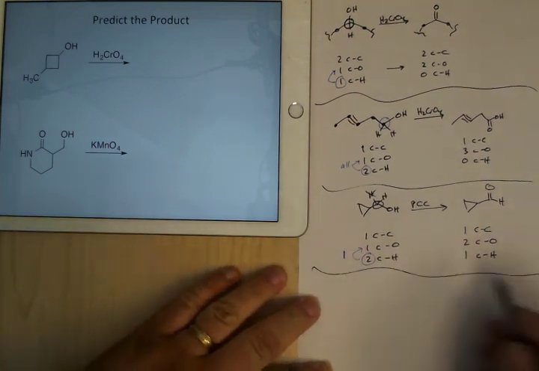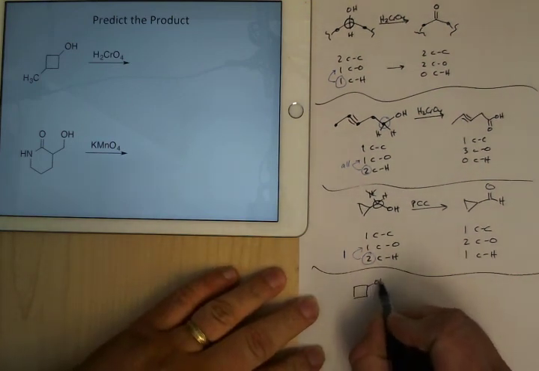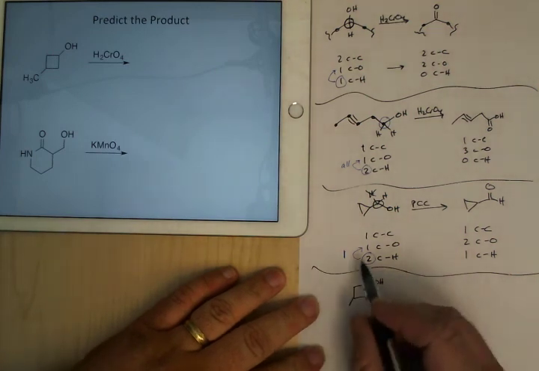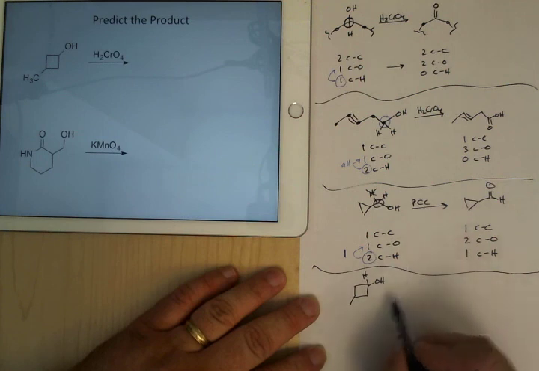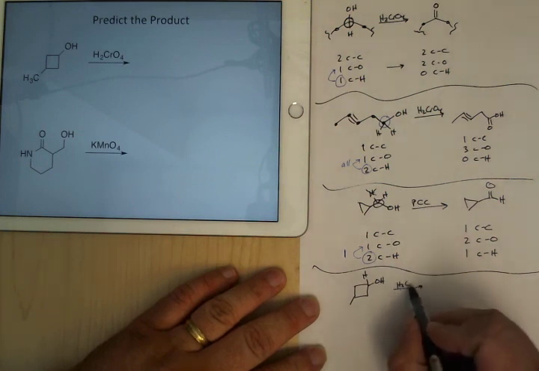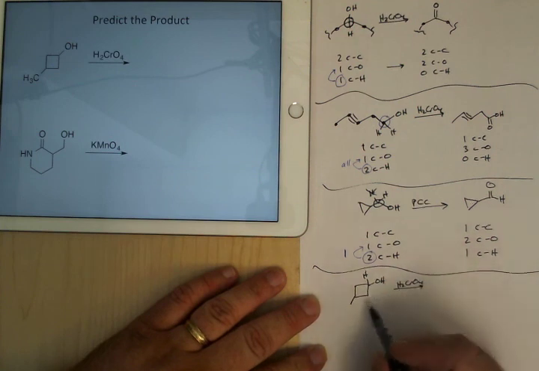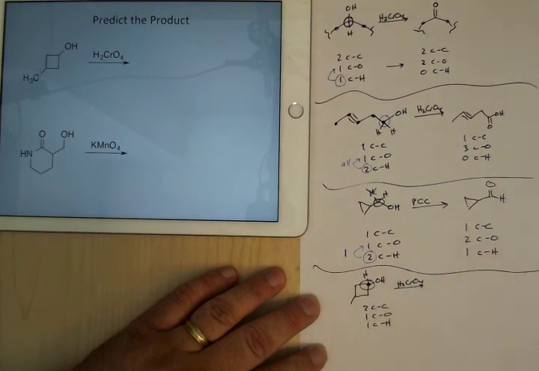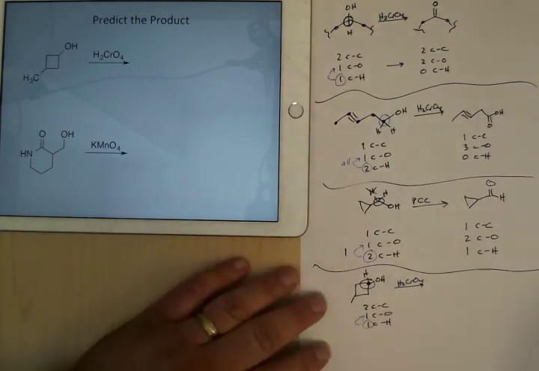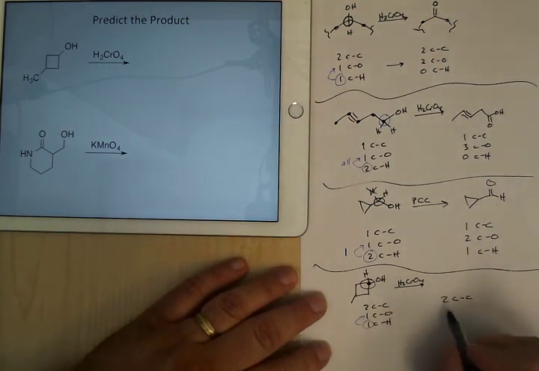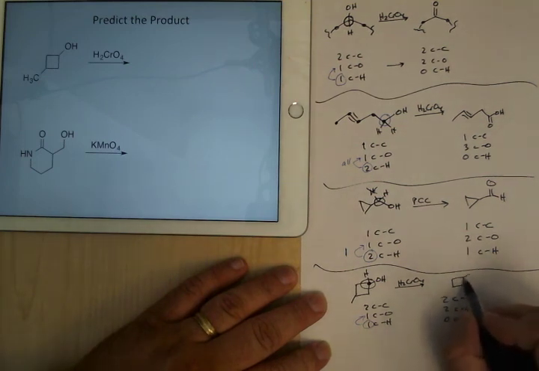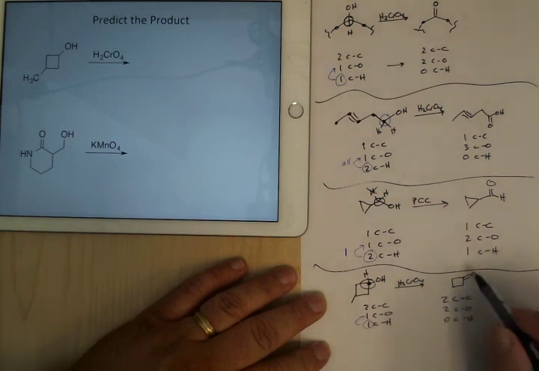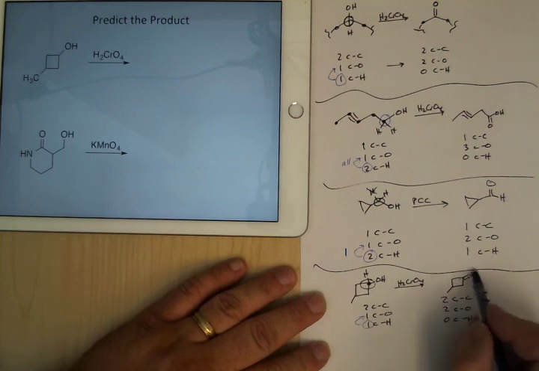For this one, draw in that hydrogen on the OH. With chromic acid, we're looking at this carbon, which has 2 CC bonds, 1 CO bond, and 1 CH bond. We're going to convert it up, so our new product is going to have 2 CC bonds, 2 CO bonds, and no CH bonds. So there's our product there.